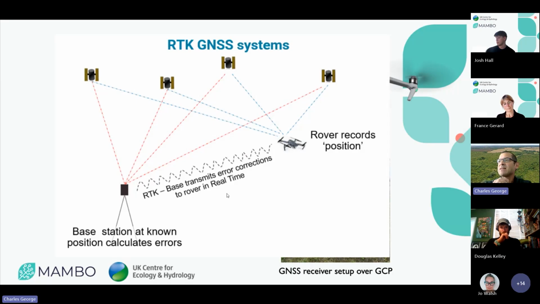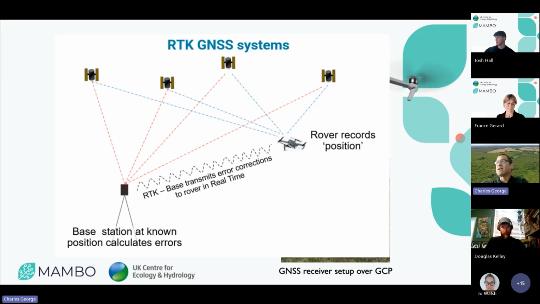Real-time kinematic. So you need a base station, which is the GNSS receiver I was talking about. You put that over a known position. It's then getting signals from the satellites, but because it knows where it is exactly, any errors caused by atmospheric anomalies, for example water vapor, which will slow down the timing signal and move the position around a little bit, it works out what errors are being beamed down, and then transmits these error corrections to the rover in real time.